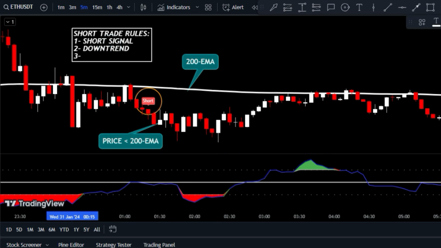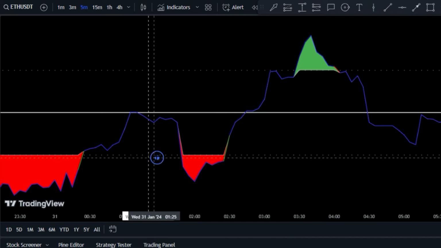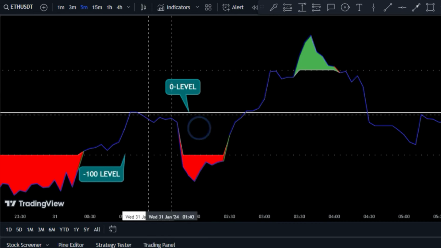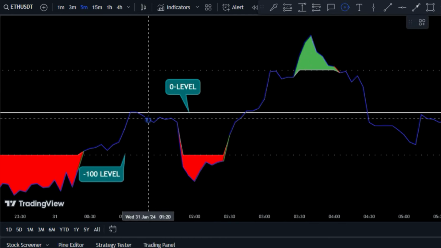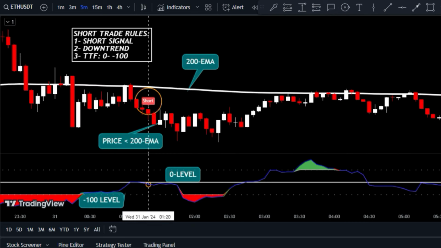And now the TTF indicator should be checked for final validation. You can only label short positions as validated if the TTF indicator is situated between level 0 and level -100. If the TTF line falls outside of this range, the signal isn't validated. So, once all these prerequisites are fulfilled, you're ready to enter a short trade.